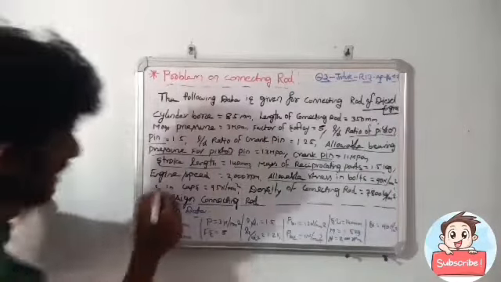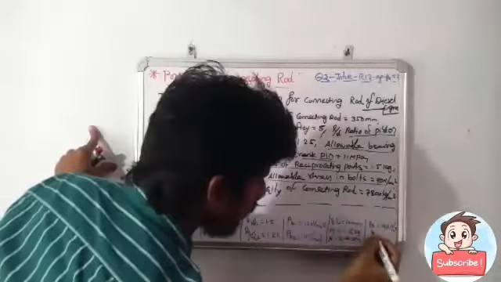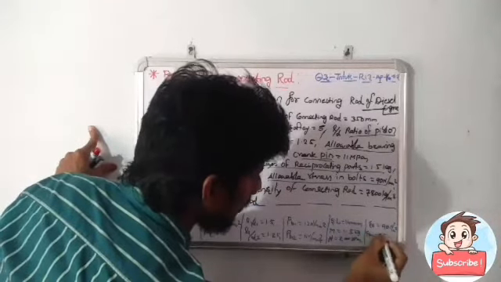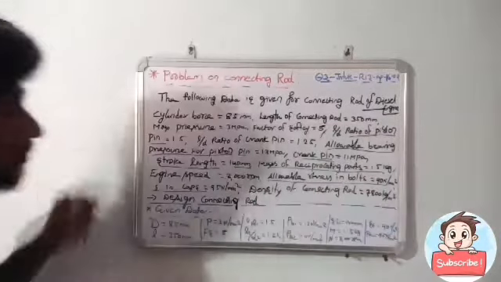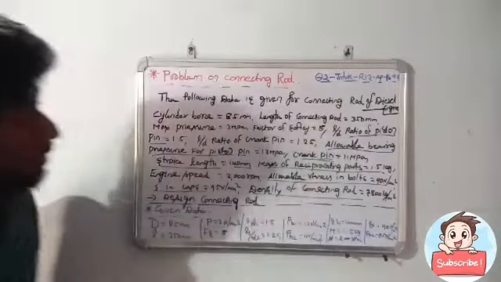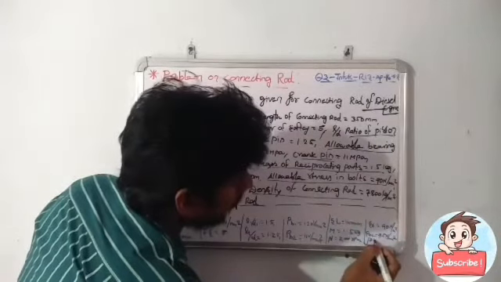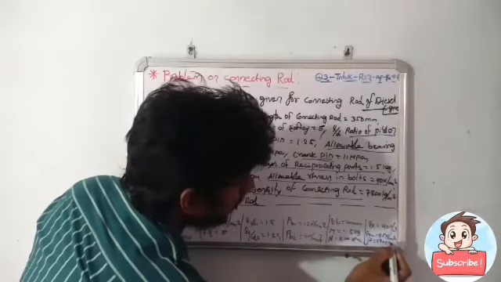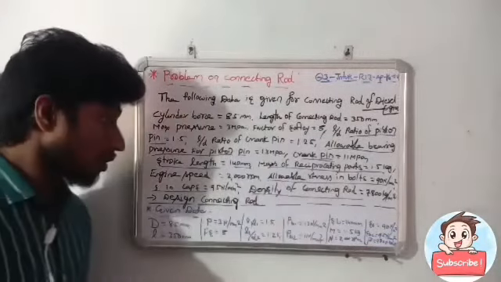Allowable stress in caps is denoted by SBC, equal to 95 Newton per mm square. And finally we have one more data, the density of the connecting rod, denoted by rho, which is 7800 kg per meter cube. So this is the given data.